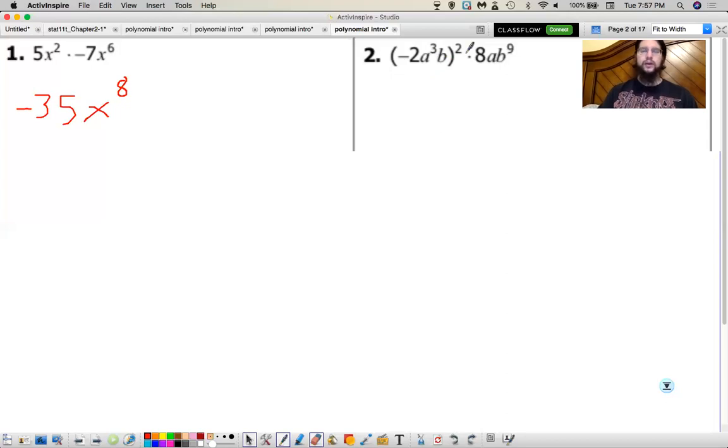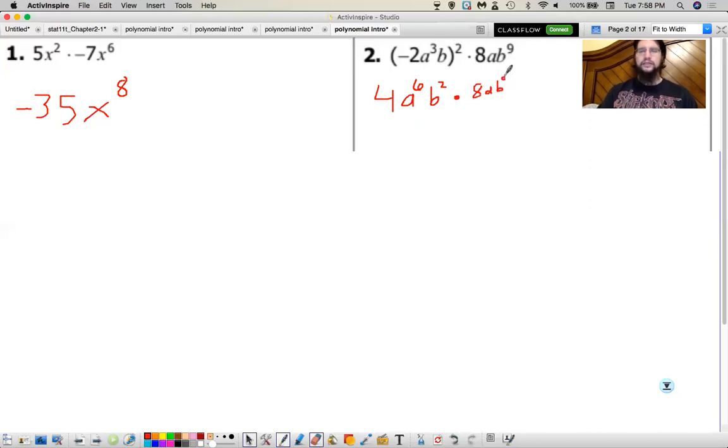Negative 2 squared is 4. A cubed squared, power rule. A cubed to the second power is a to the 6th. B to the first squared is b squared. Now we're still multiplying by 8ab to the 9th.